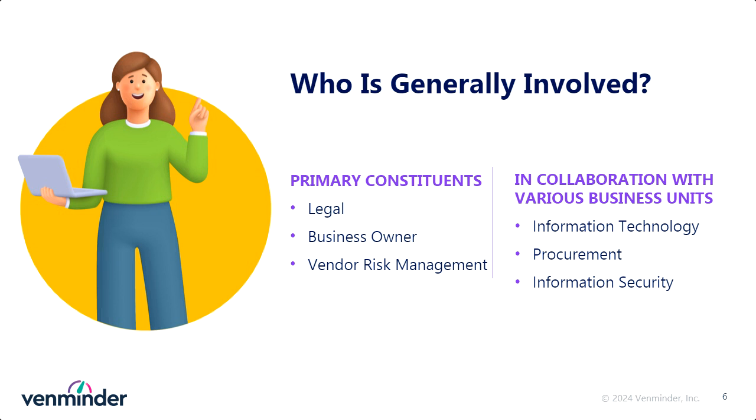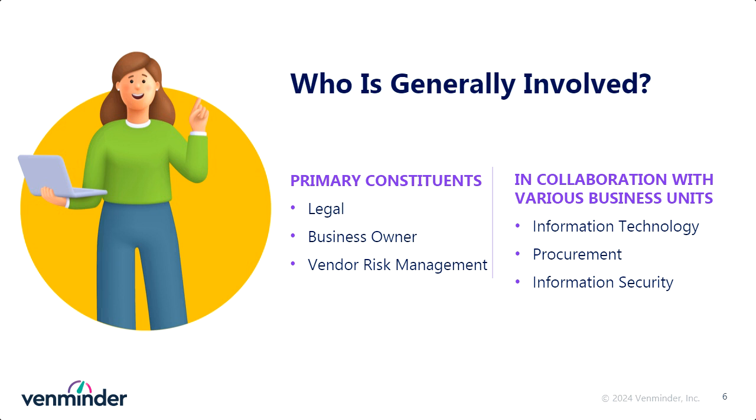From my experience, it could be your legal team, the business owner that has the primary relationship with the vendor and supplier, and then possibly your vendor risk management team. Those three working together would be the primary team working with the contract and the vendor.